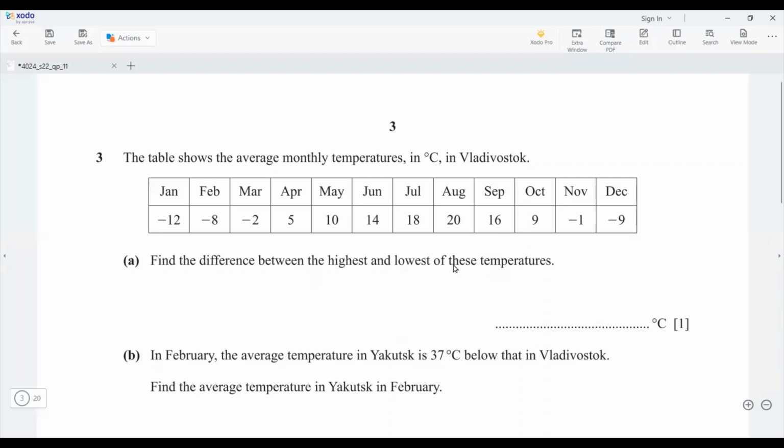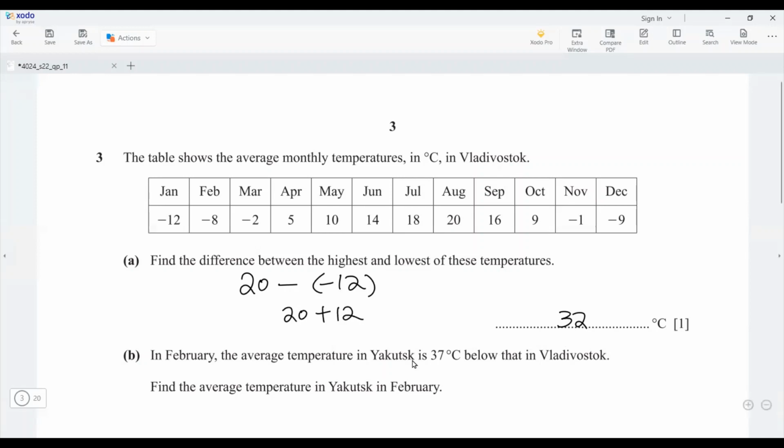Which is the highest among all of these? It is 20 in August. So we write down 20 and subtract the lowest. What will be the lowest among all of these? It is negative 12. So the difference of these two must be 32, because negative multiplied with negative becomes positive. So 12 will be added to 20, and it results in 32.